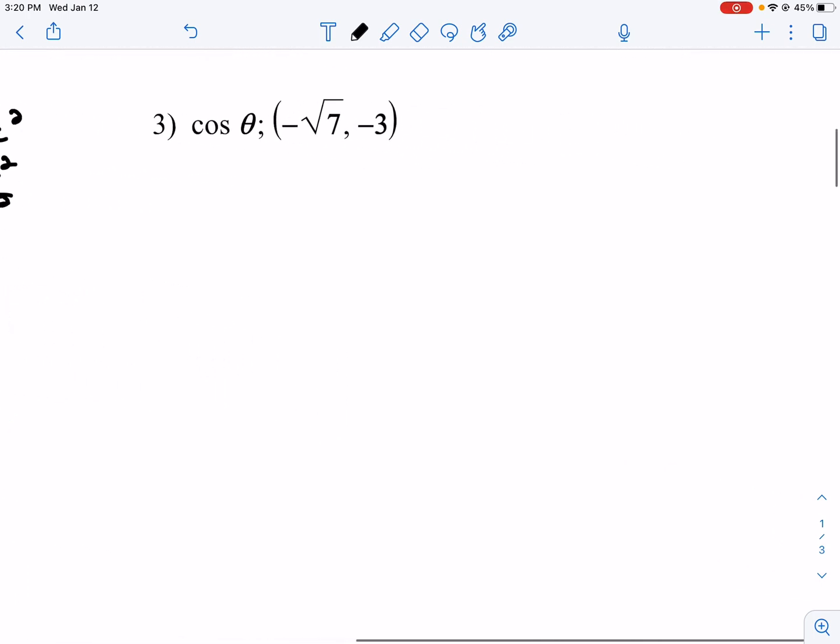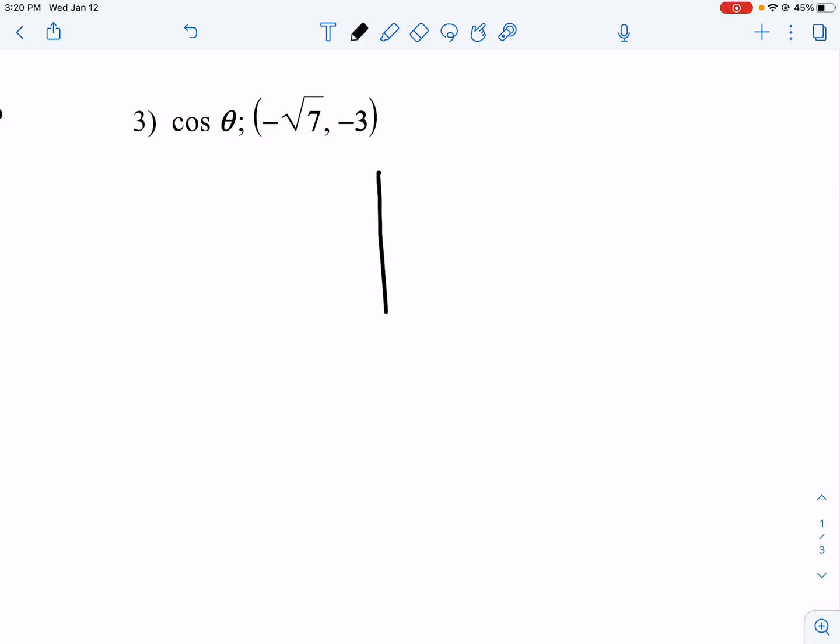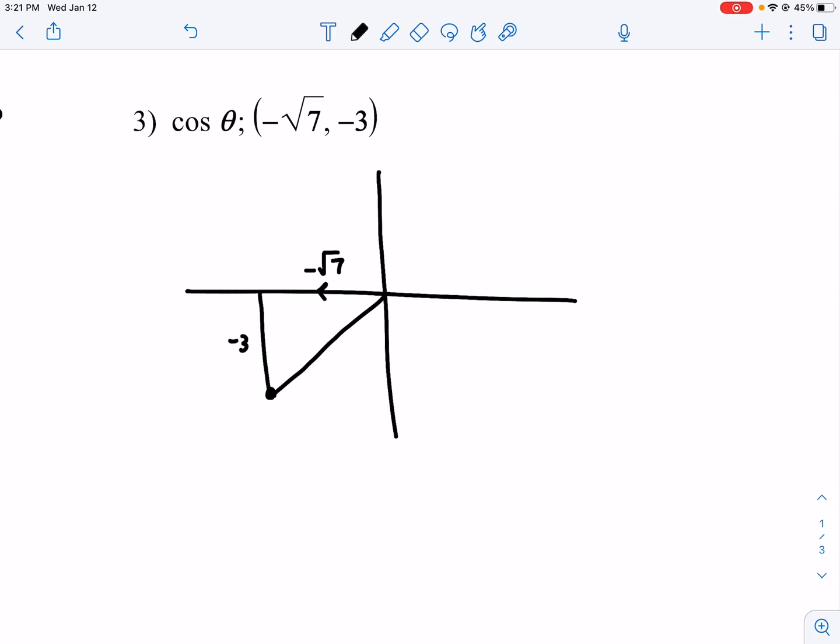As we move across here to maybe more of the negative side of things, let's say this is my coordinate. To get to my x coordinate would have been here on this base, which is negative radical 7. And to get down, my y coordinate would have been negative 3, theta being right there.